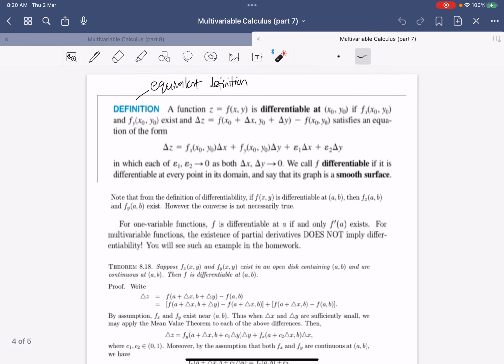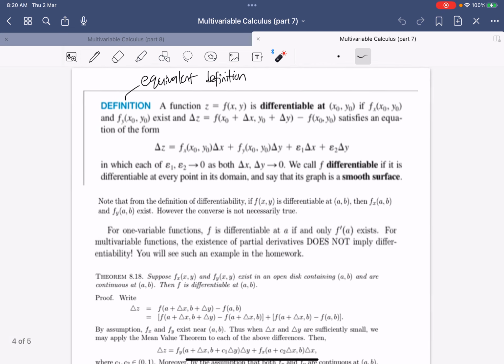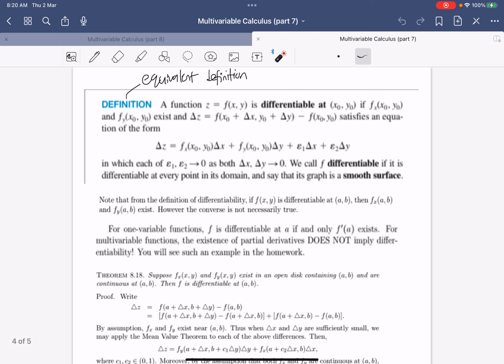But sometimes we just want to reformulate this definition in an easier to use manner to help us prove results. One way is to say that z is differentiable if the change of z can be of this form. This form is just saying how your tangential plane changes.